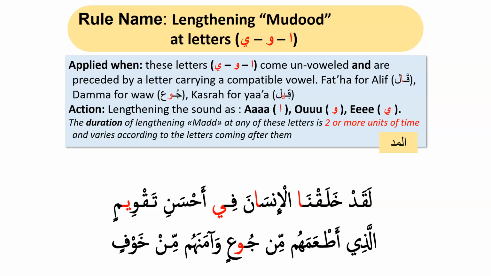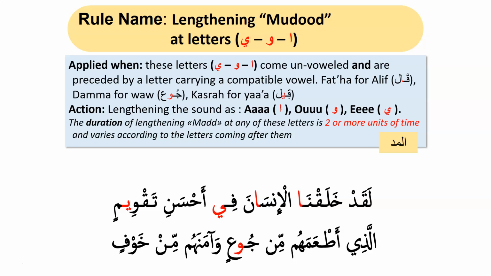But this is not sufficient. We need another condition fulfilled before we become able to apply extension or lengthening of these letters. This second condition is that the alif, waw, ya should be preceded by a letter carrying a compatible vowel.